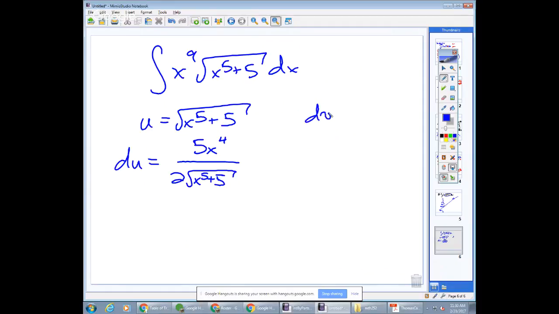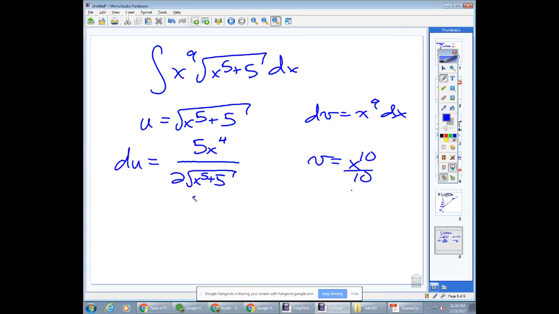Then dv would have to be the x to the 9th dx. And then v is going to be x to the 10th over 10.